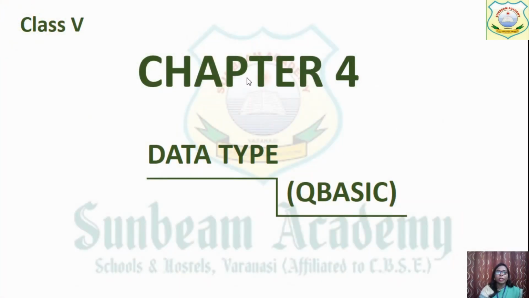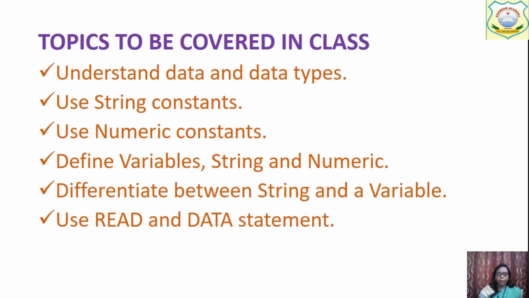Okay students, Chapter 4 Data Type QBasic. Now what topics are we going to cover in this chapter? We will read the data and its type, then we will read the string constant and numeric constant.